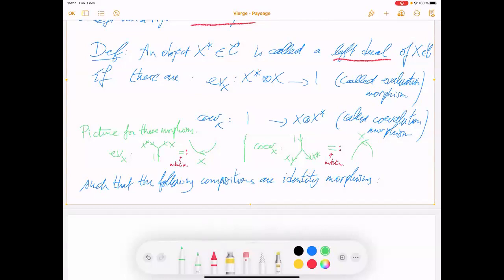And as I said, we remove the picture for the object 1, as the identity of 1.